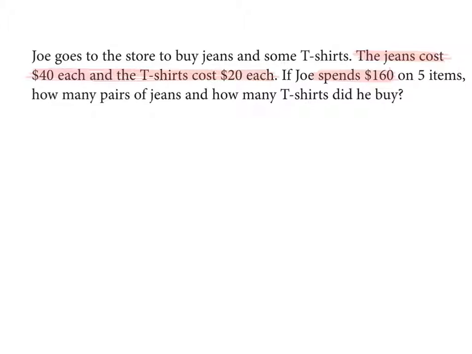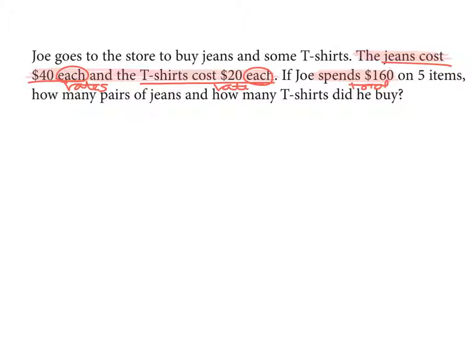So let's start. I'm just going to go ahead and help you write the equation, and then we'll see maybe where the other pieces are going to come from. So if we underline, jeans cost $40 each, T-shirts cost $20 each. Because of these words each, you should notice that both of those are going to be rates. I've got a rate there, and the 160 is going to be a total.